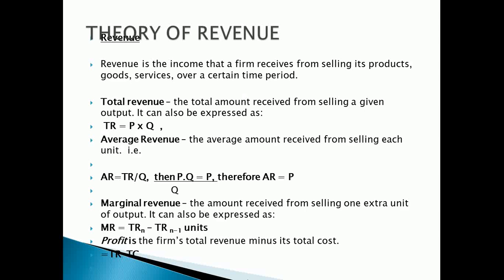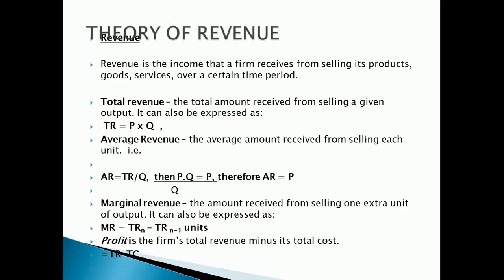showing the different costs and how these costs respond to changes in the level of output. Considering a situation where the price is constant, that means the market price is not affected by an increase in output.